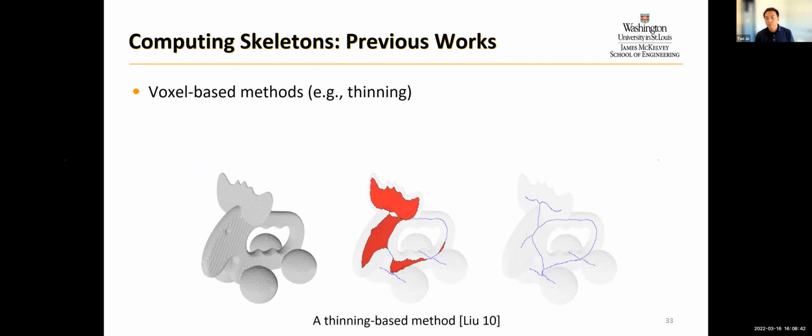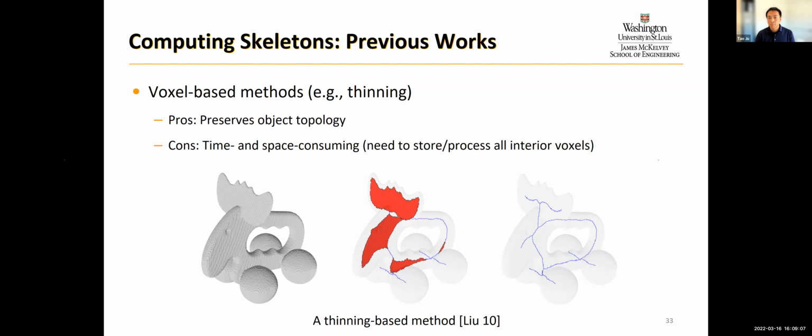And usually they work by an erosion or thinning process, by which layers of voxels will be stripped away from the object until you're left with a set of core voxels that form either a curvilinear structure or a sheet-like structure, like the ones I show here. These methods are quite simple to implement, and they can exactly preserve the topology of the voxels that you start with. The downside, however, is that because it has to process all the voxels interior to the object and store information on it, it can be very time-consuming.